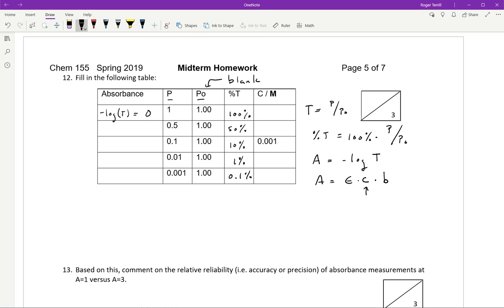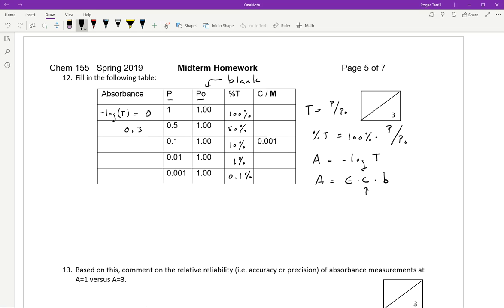The log of 0.5 is about 0.3, I believe. Just make sure there. Base 10 log of 0.5 is 0.3. Yep. So it's minus of minus 0.3, so this value is 0.3.